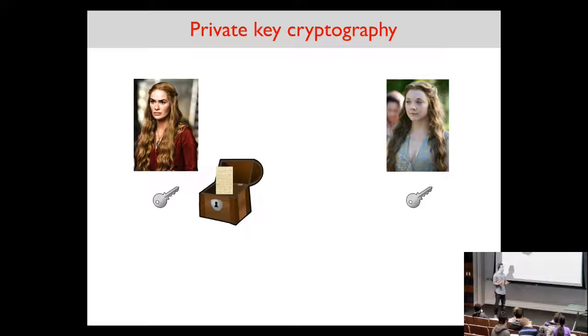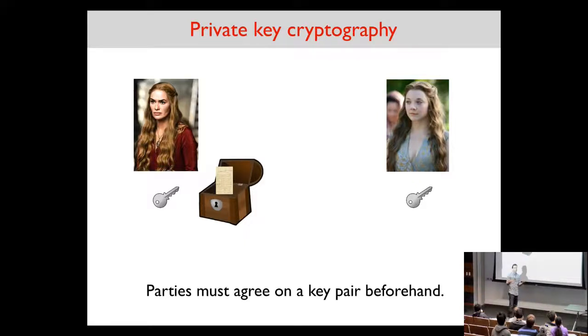Then what I can do is take my message, put it in a box, lock it with my key, and send that box. Since the other person also has the key, they can just open it and get it. We are the only people who have this key, so we are the only people who can unlock this message. Hopefully no one else will be able to unlock it.